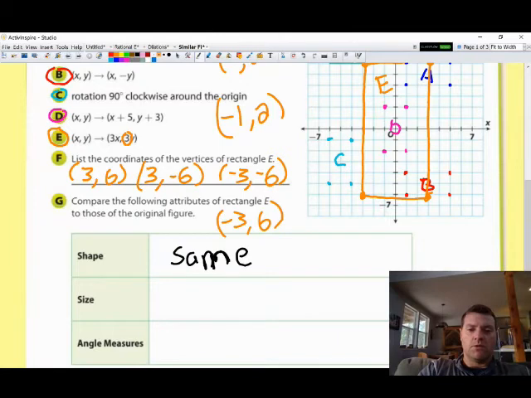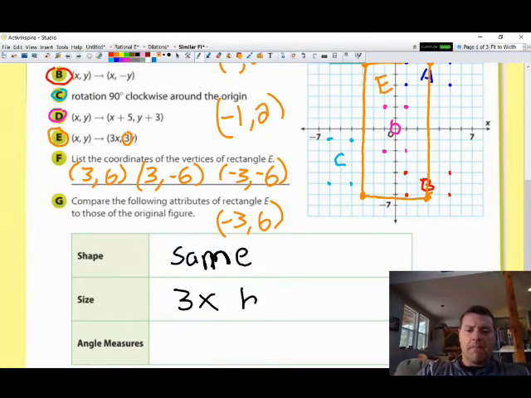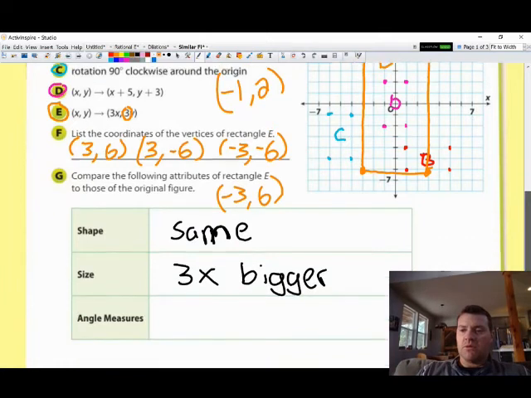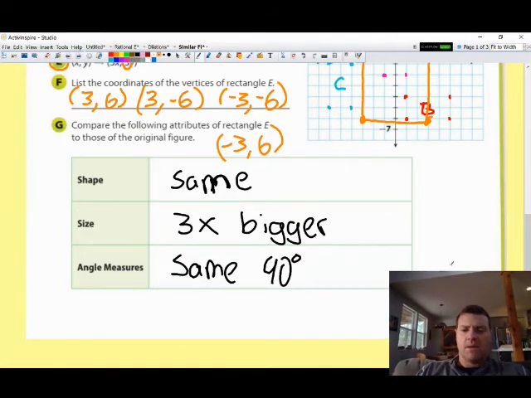The size, we're going to write rectangle E is 3 times bigger. And the angle measures are all going to be the same as well. They were all 90 degrees. Okay. All right, we're done.